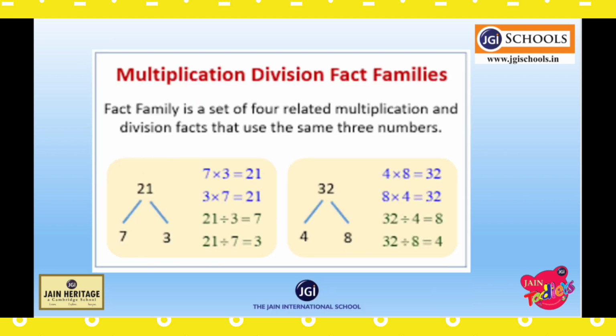Okay. Now what are multiplication and division facts? Suppose 21 is a number. We know 7 threes are 21. If we change the position of 7 and 3, then 3 multiplied by 7 will also be 21. If we divide 21 by 3, you will get 7, and if you divide it by 7, you will get 3.